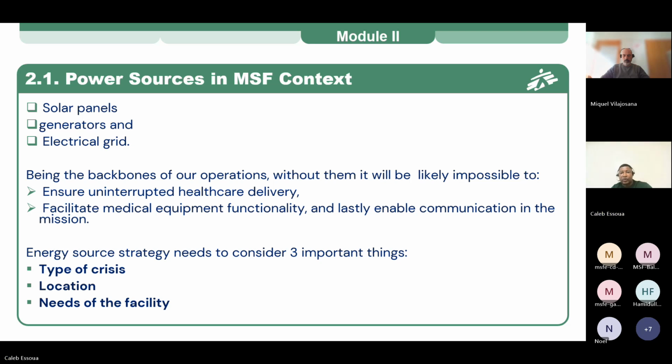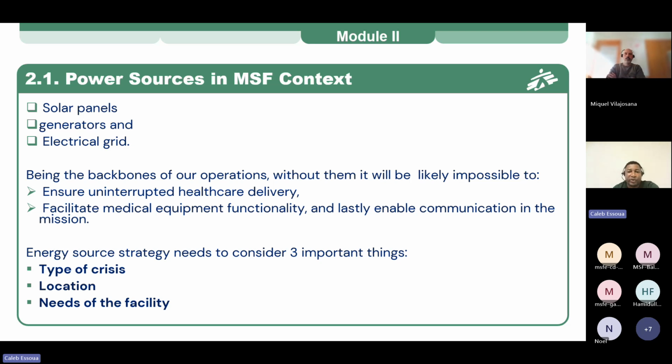As you already know, in MSF, we work in different kinds of contexts where access to reliable energy is impossible. For this situation, we should have a well-defined source strategy that can help us make the right choice of the power source that we need for our project.